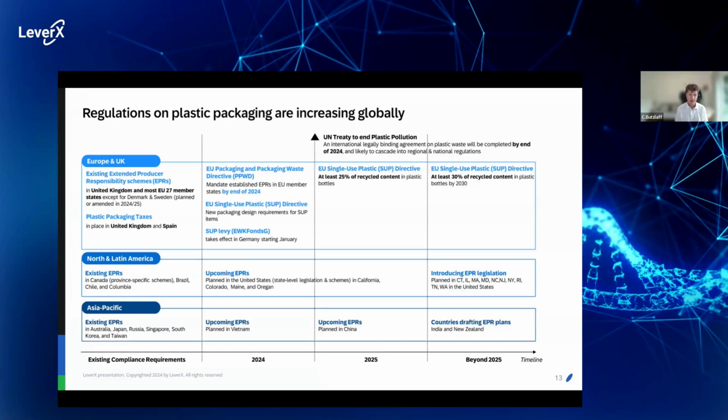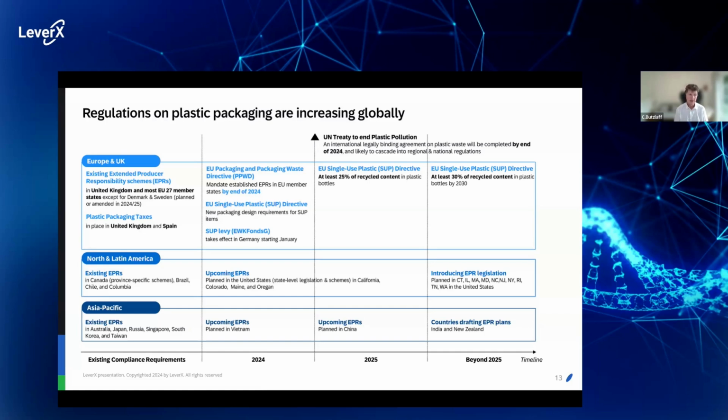In Europe, we have the 27 members of the EU with EPR schemes available where corporations have to pay a fee for the packaging material they put out in the market. In certain markets, specifically the United Kingdom and Spain, we have recently introduced a plastic tax where producers have to pay a fee on the plastic included in the packaging material.